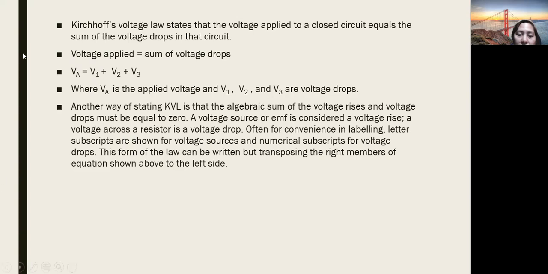Then V sub 1, V sub 2, V sub 3 — it's not always up to 3, it depends on the circuit; this is just an example. These 1, 2, 3 are the voltage drops, where VA is the applied voltage and V1, V2, V3 are the voltage drops.